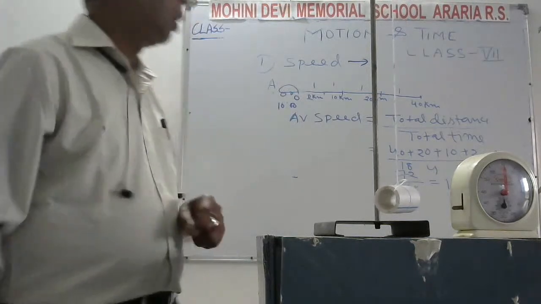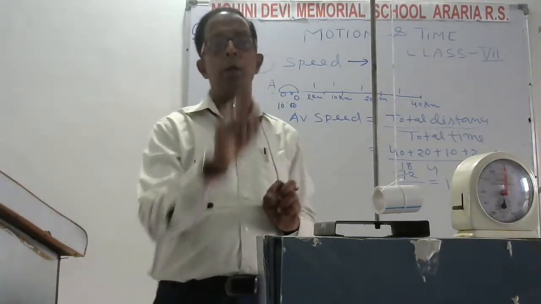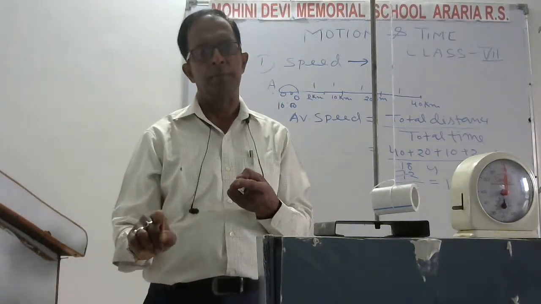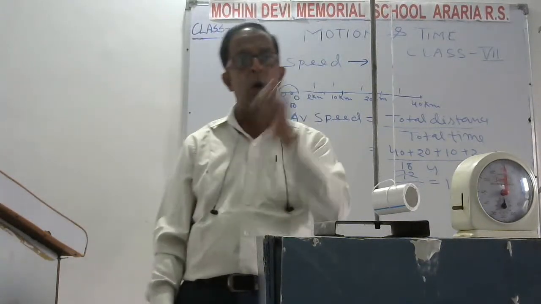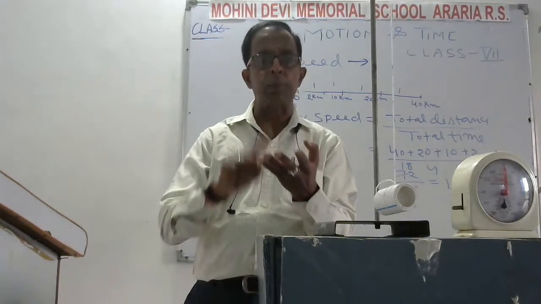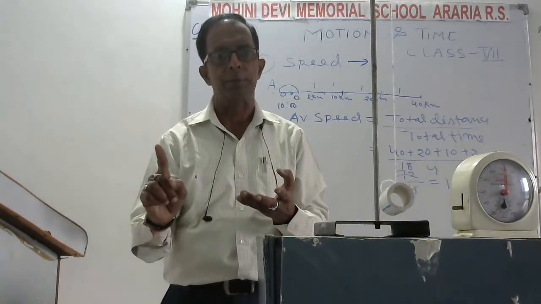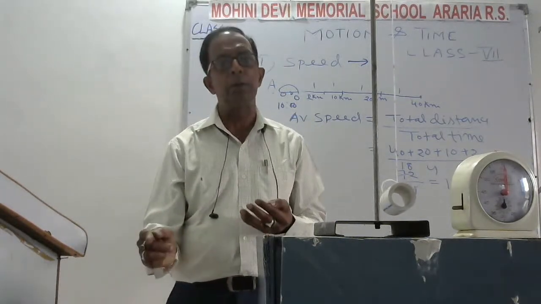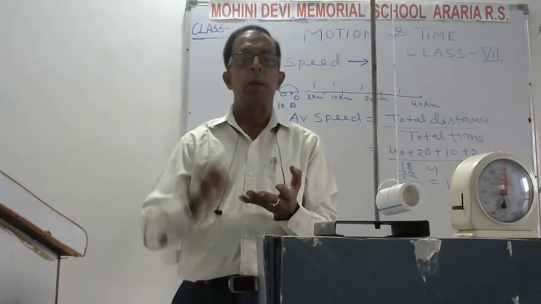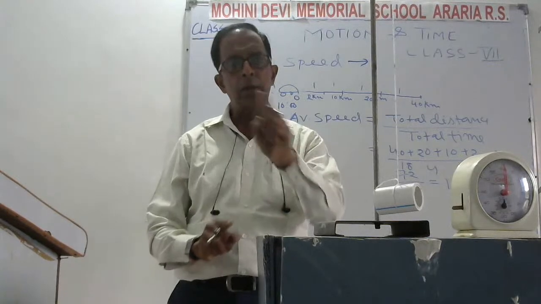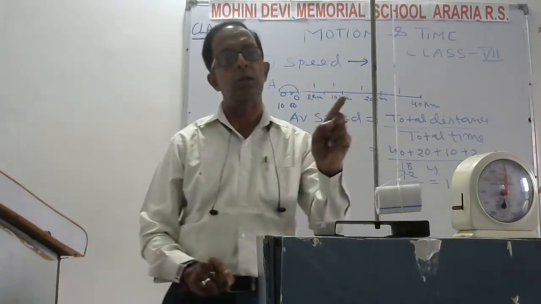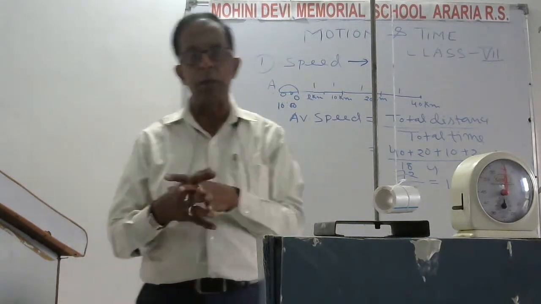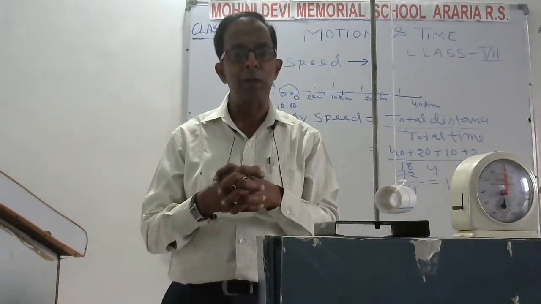What is a pendulum? A pendulum is a simple device which measures a fraction of time by completing its one oscillation, and the fraction of time is called a second. Now a question comes in your mind, children, what is oscillation?